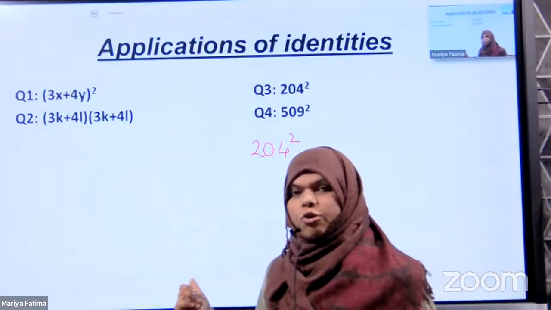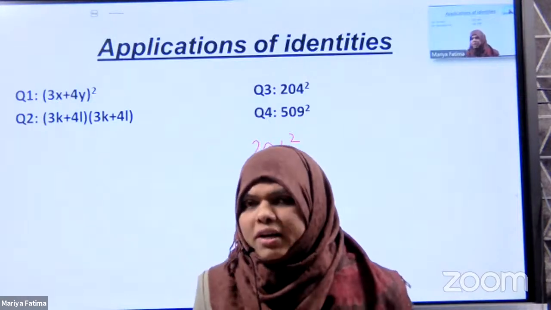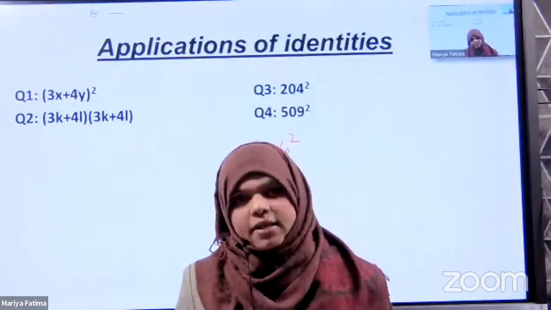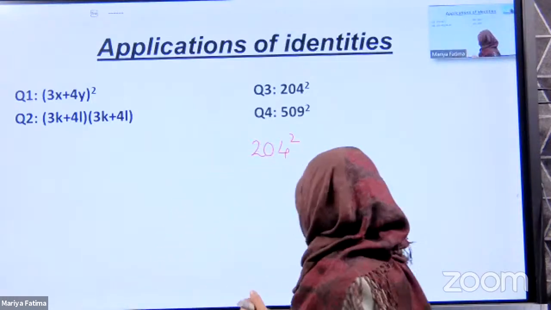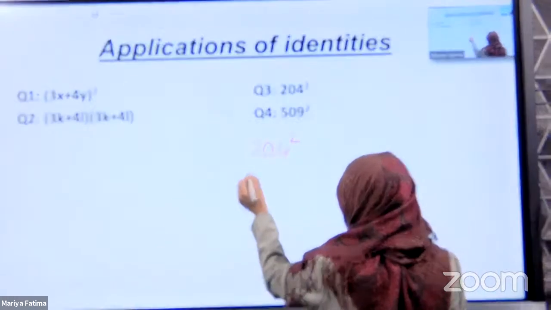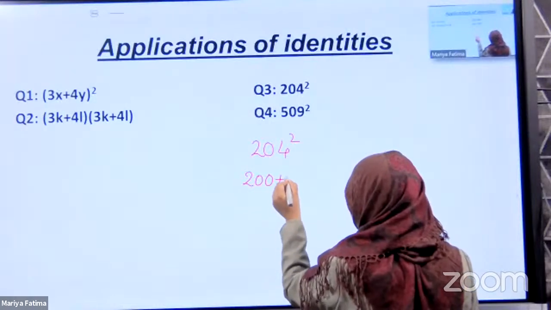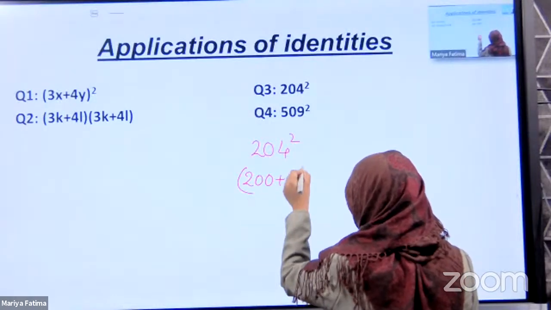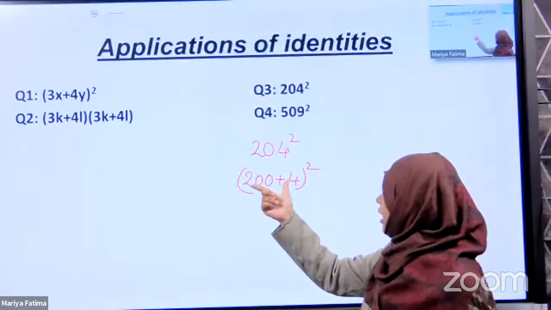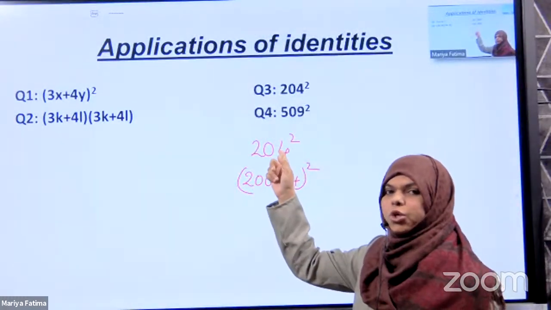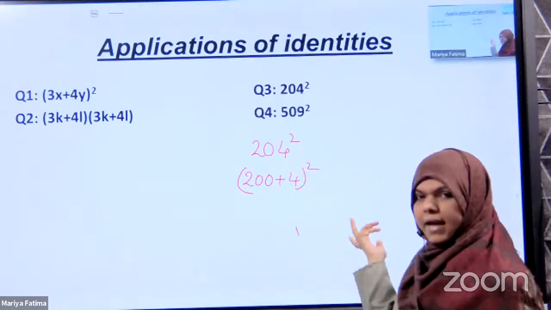Now 204 can be written as 200 plus 4, so I am writing 204 as (200 plus 4) whole square. Can I write like this? Yes, if you add these, you will get 204 and the square is as it is.